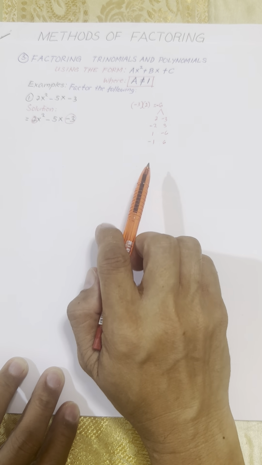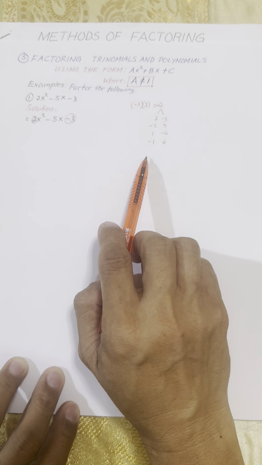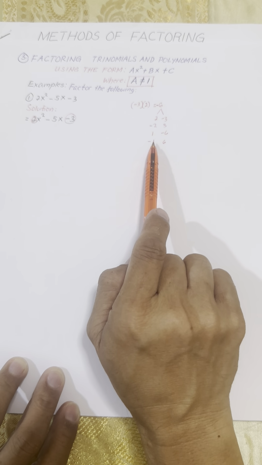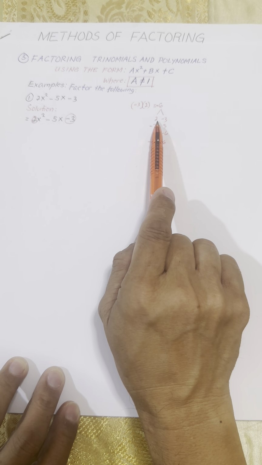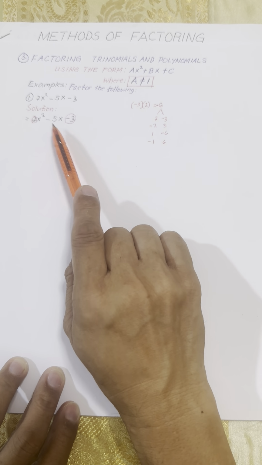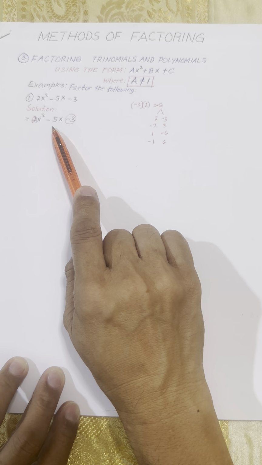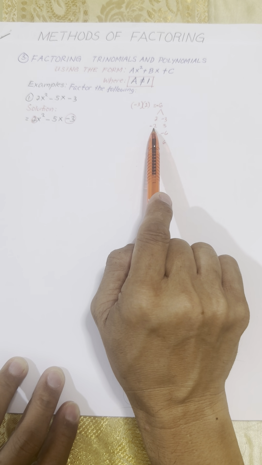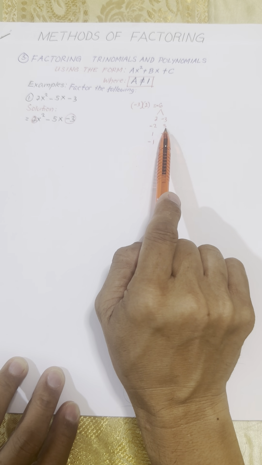Now we are going to select a combination of these factors that will give us the middle term. If you look at the factors 2 and minus 3, when you combine these two factors, will it give us negative 5x? No, it won't. Similar with the second pair of factors.